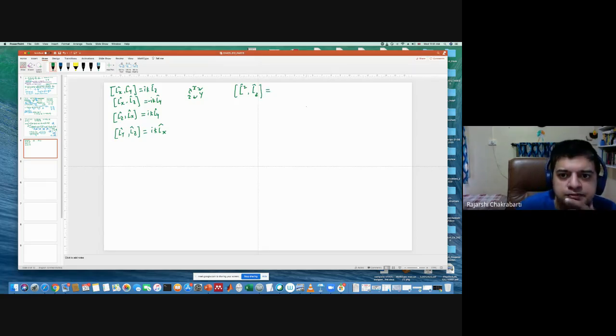So let us do it. L square means Lx square plus Ly square plus Lz square, with Lz. So I'll have something like this. The commutator I can split. I can write like this.